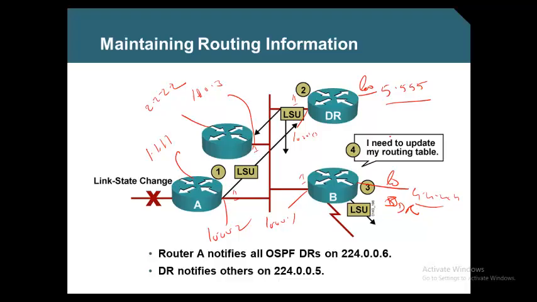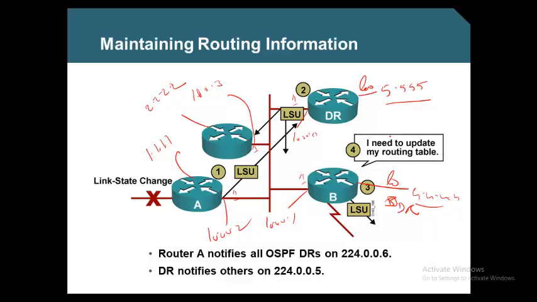Now, DR will use 224.0.0.5 to send it. So all will be receiving from DR, not from A. A will not directly send to all. A will only form full adjacency with DR. A will not form full adjacency with the others; the others will not form adjacency with each other.